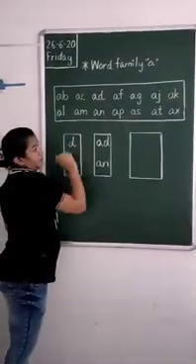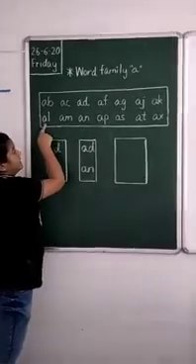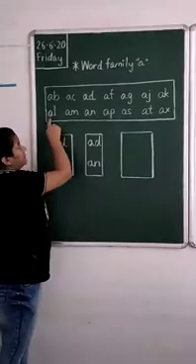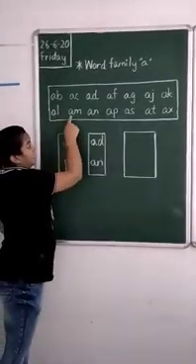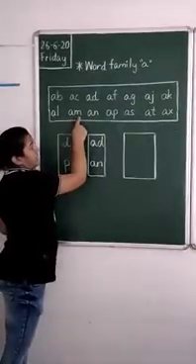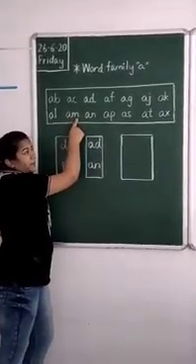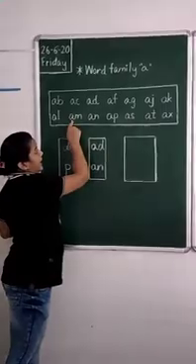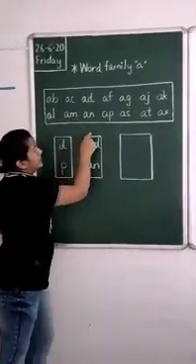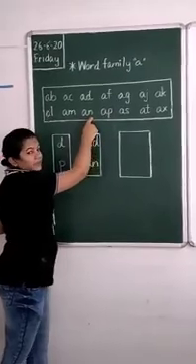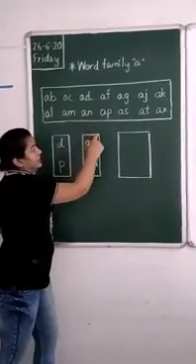Now it has other letters as well. A says A, L says L. It becomes L. A says A, M says M. Am. A says A, N says N. An.